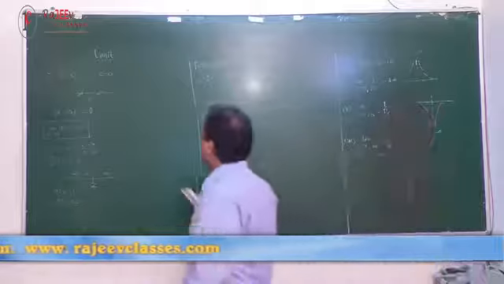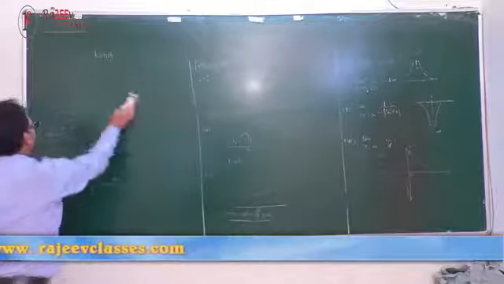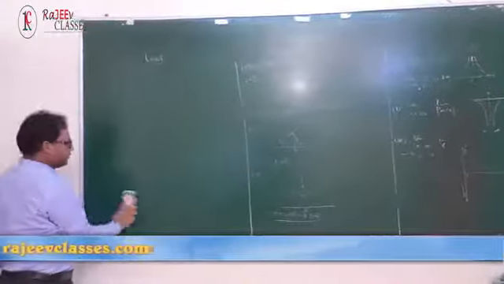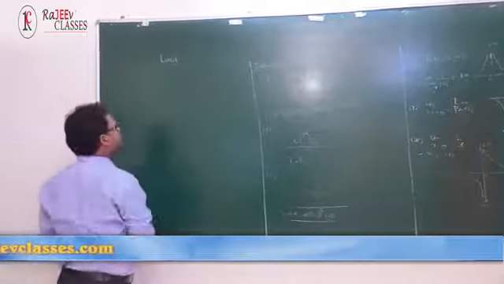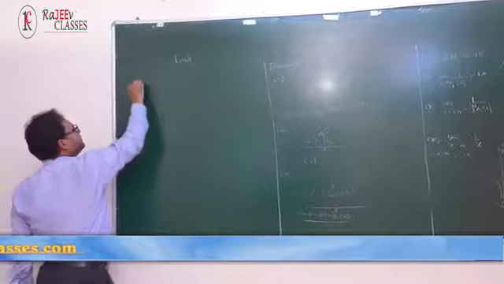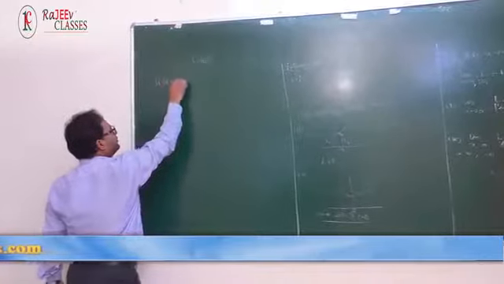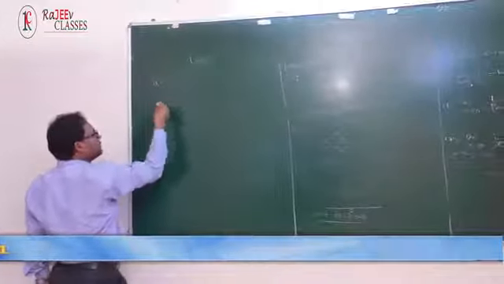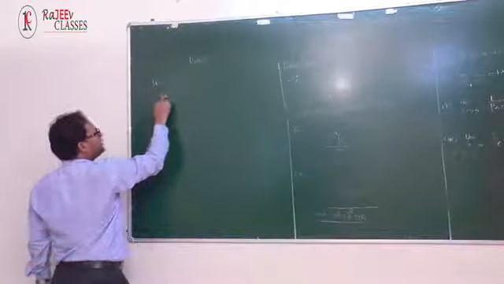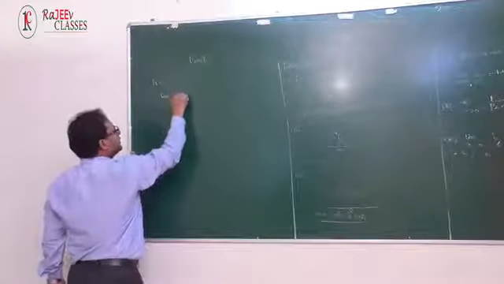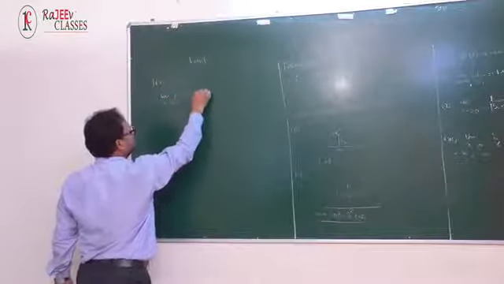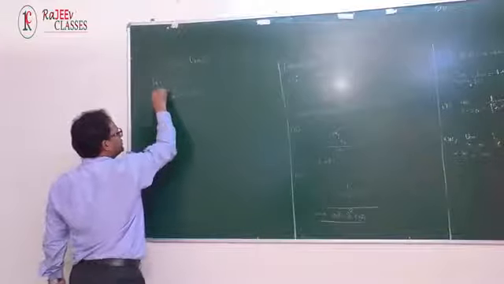Now, from the above discussion, we can say that when we say the function f(x) is defined at the point x is equal to a, it does not always mean that limit x tends to a, f(x) is equal to f(a). It is not always true.